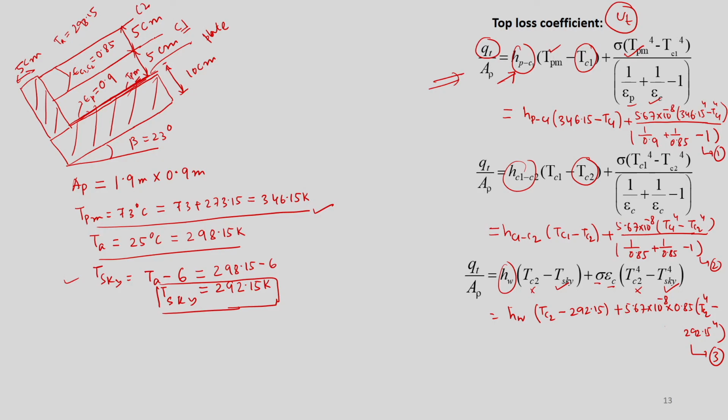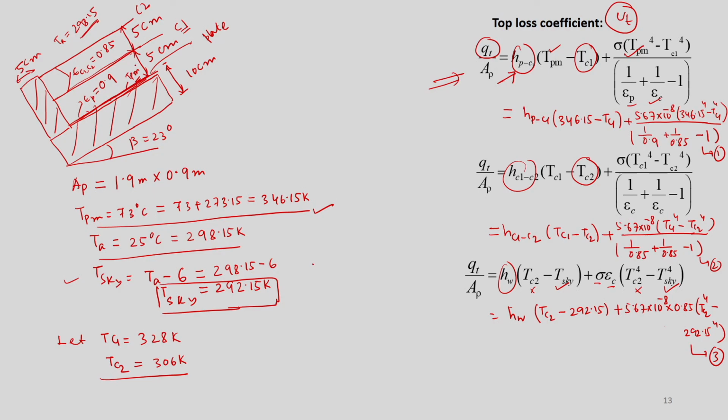So, if we consider this value TC1, say let TC1 is equal to 328 Kelvin and TC2 is 306 Kelvin. Just we have applied our common sense. So, this temperature is 346.15 and ambient is 298.15, and then it is presumed that this should be somewhat hotter than this one.